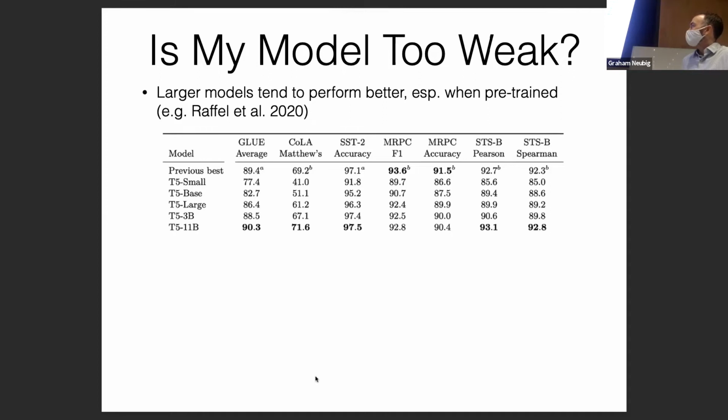In general, in NLP, one of the big things nowadays is that larger models tend to perform better, especially if you're using some sort of pre-trained model. This is just one example from the T5 paper that I mentioned a couple classes ago, where they trained a model and evaluated it on the test set.